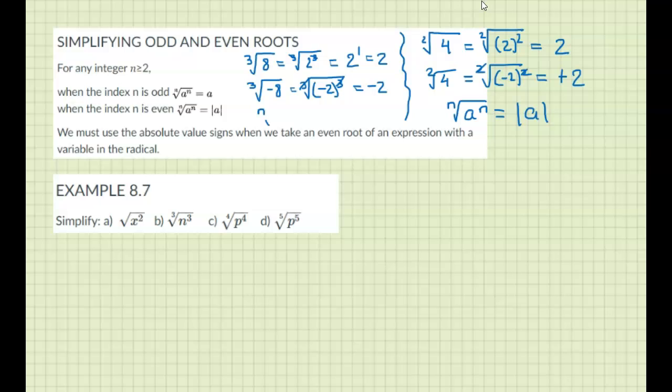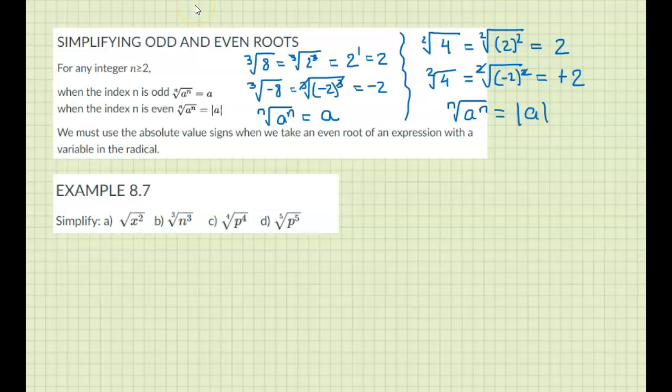If n is odd, then you get a without the absolute value, because positive values that you plug in give you positive answers, and negative values give you negative answers. So the negative doesn't cancel out; it just carries over with what it was originally.